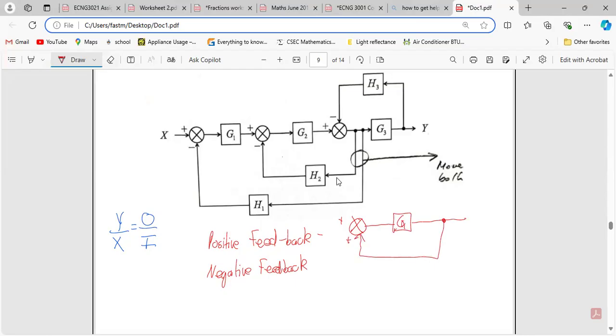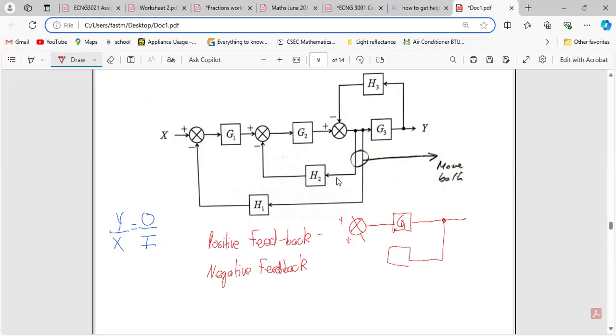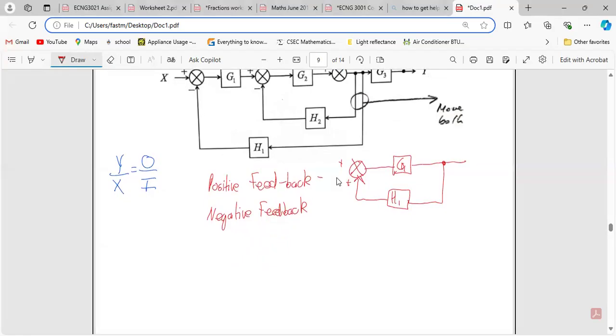And then we'll have h of 1. So that is positive feedback. How do you know that?